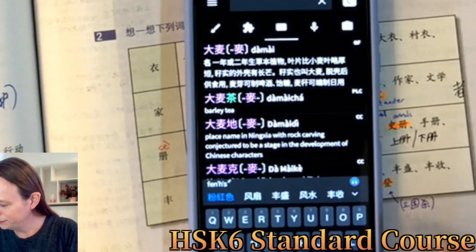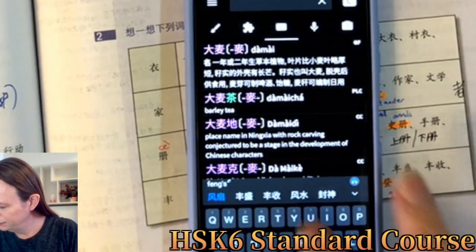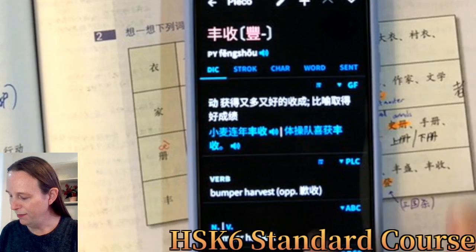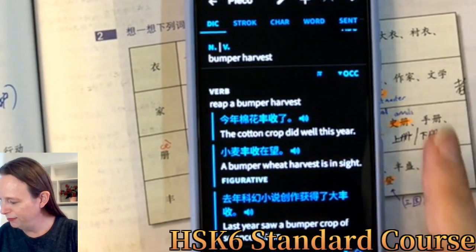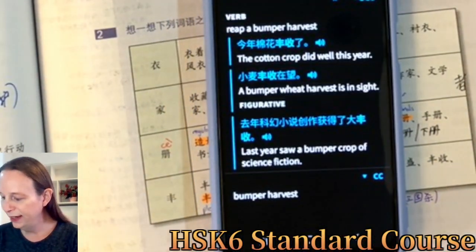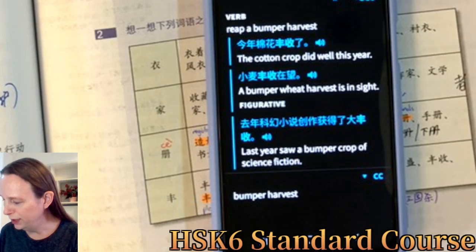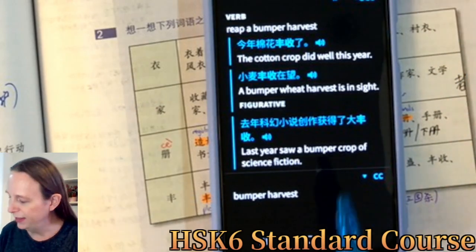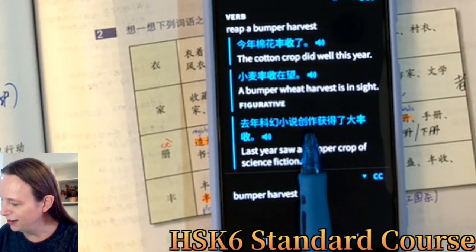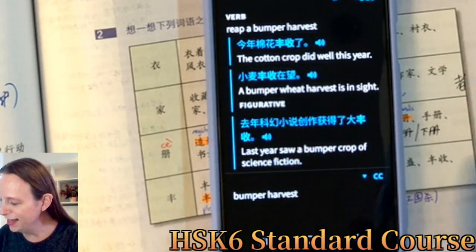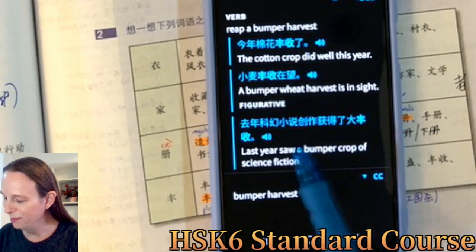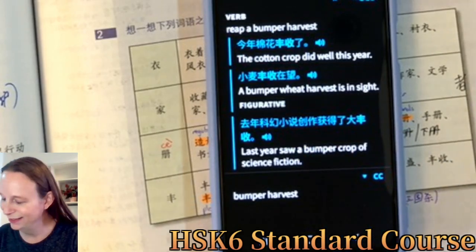丰收, bumper harvest, and a more figurative one will be somewhere here. 去年科幻小说创造获得了大丰收. Okay, so the innovation of science fiction novels last year had a bumper crop. Yeah.